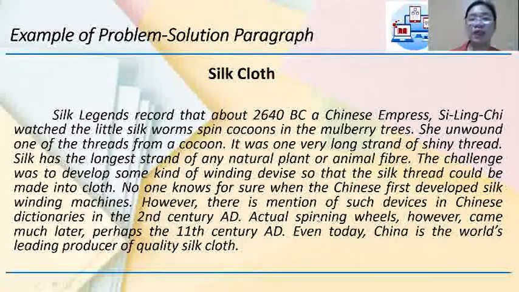So we can produce silk cloth from spun cocoons of worms through the spinning wheels. And there is also this conclusionary statement. Okay, so this is an example of a problem solution paragraph.